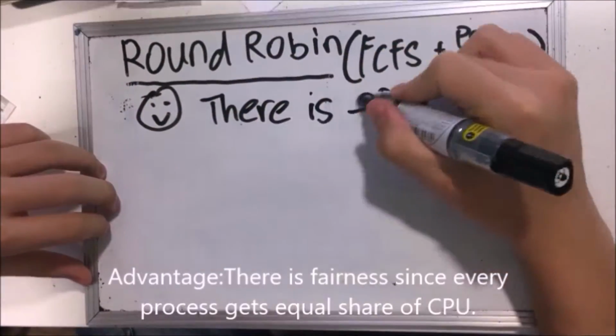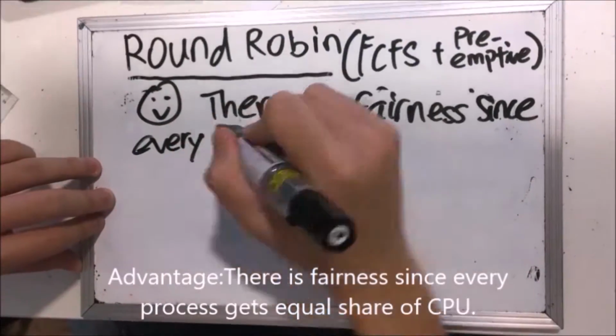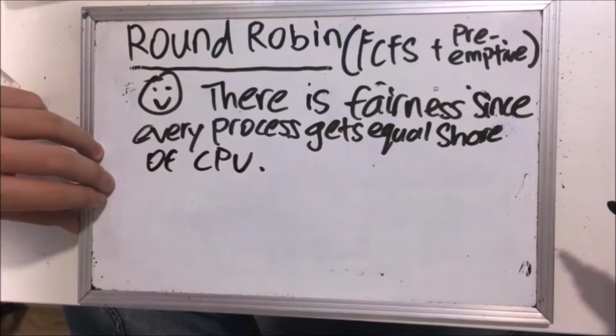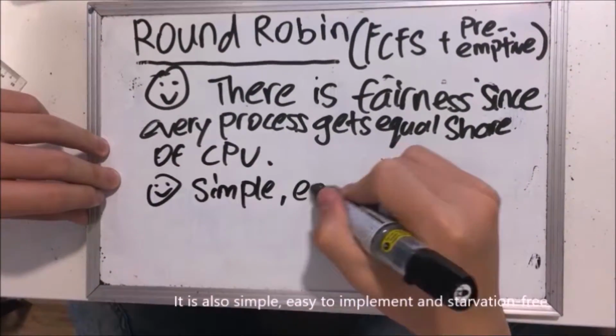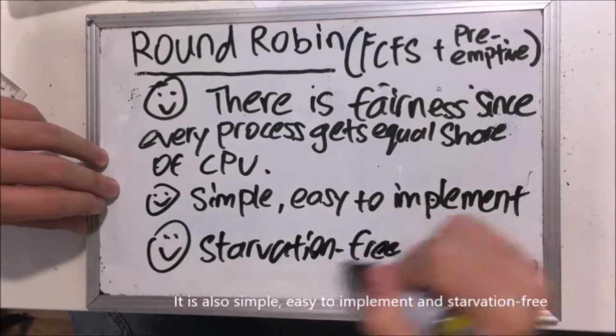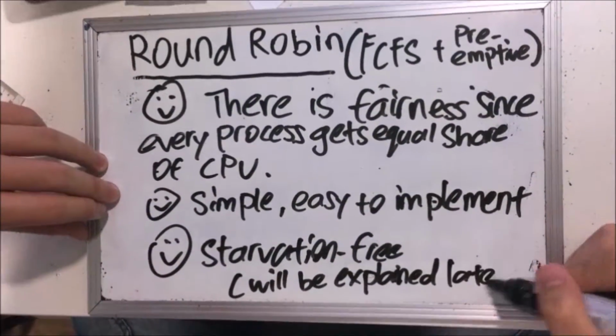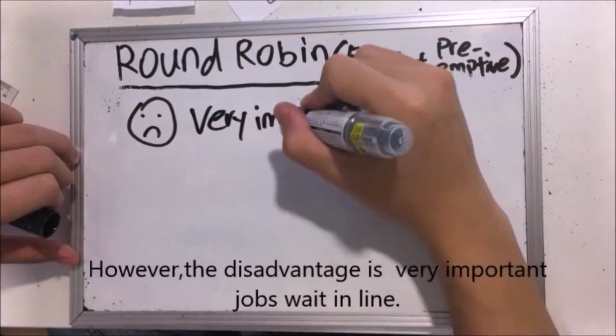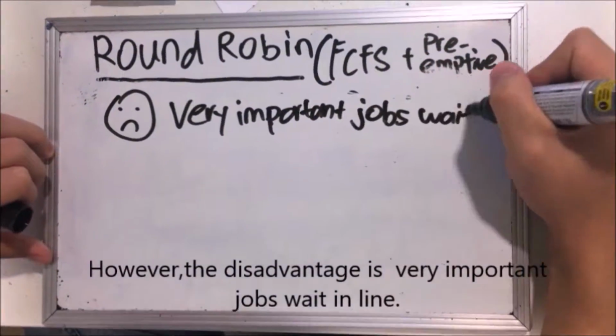The advantage of round-robin scheduling is fairness, since every process gets an equal share of CPU. It is also simple, easy to implement, and starvation-free, which will be explained later. However, the disadvantage is that very important jobs have to wait in line.